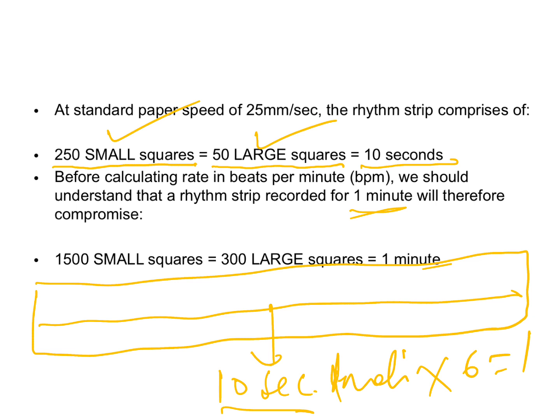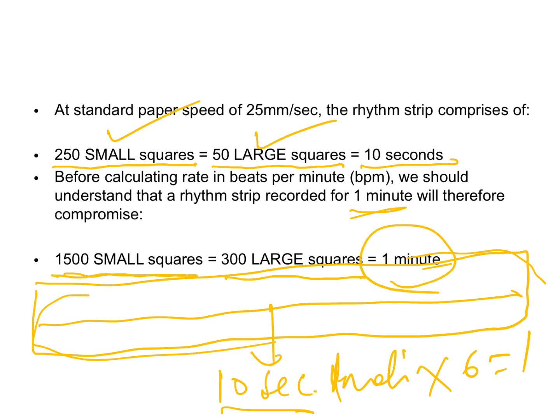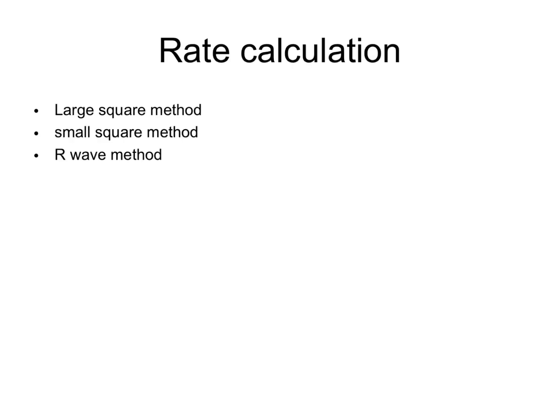Since this ECG strip is only 250 small scale, we will have to use 1500 small scales or 300 large scale to make it 1 minute. Is it understood? So for calculation of the heart rate, we use 3 methods.